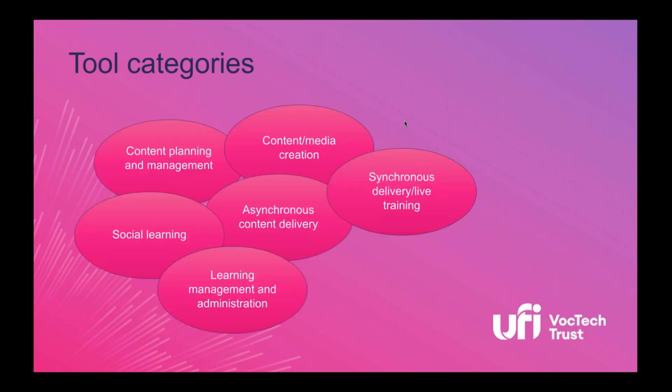As before, it's worth pointing out that categories of tools, in the same way that different types of objective and different types of learning method, do overlap. Just a bit of history here. When learning technology first emerged, tool categories were extremely clear. So for example, learning management and administration systems tended only to do one thing. They tended to serve up content and then monitor who was doing what.